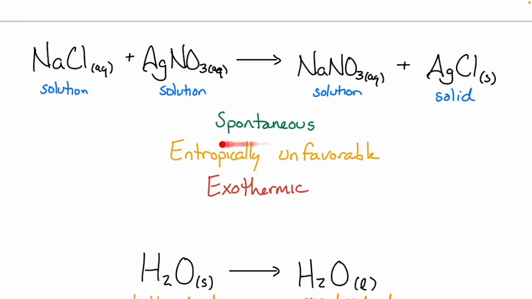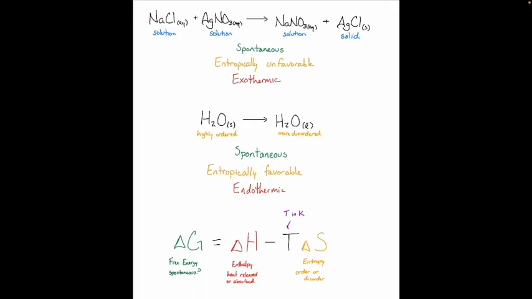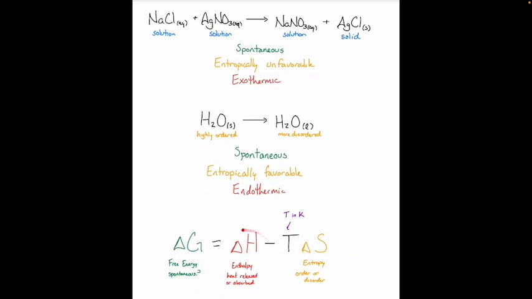It's a spontaneous reaction. This one would be entropically unfavorable because you're creating that ordered solid, right? So then why is it still allowed to occur? Because it's an exothermic reaction, because there's a release of heat, right? So what we're going to see is between these two components, as long as one of them is favorable, the reaction can still be spontaneous.